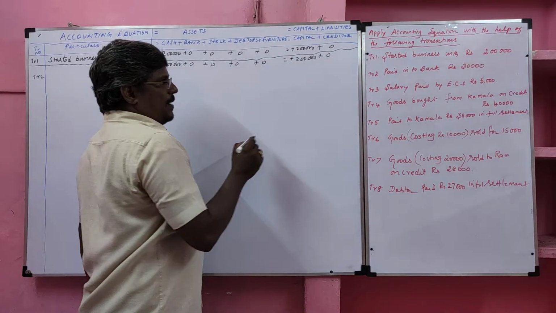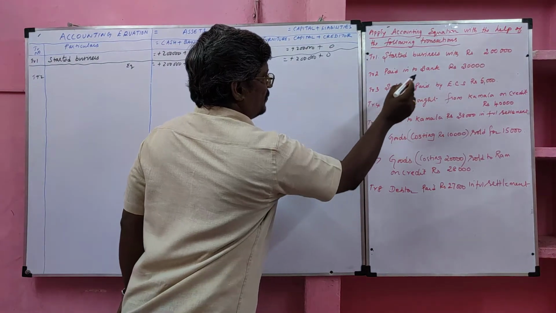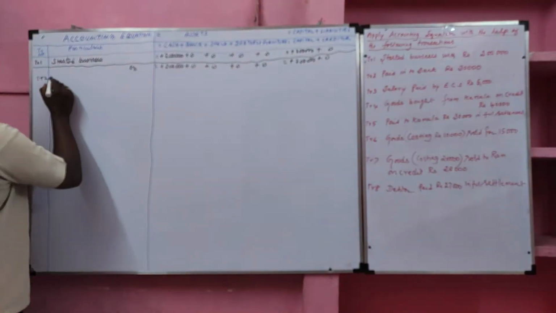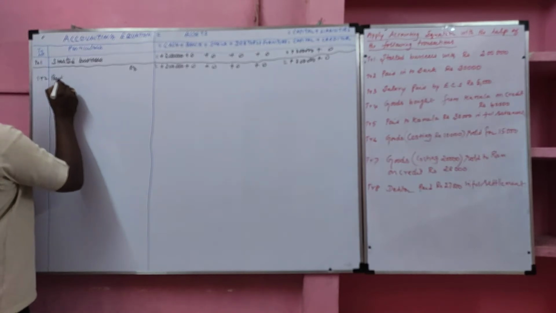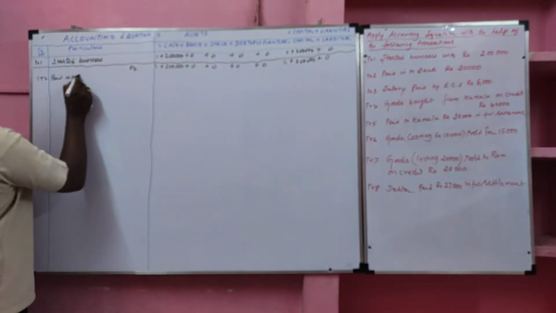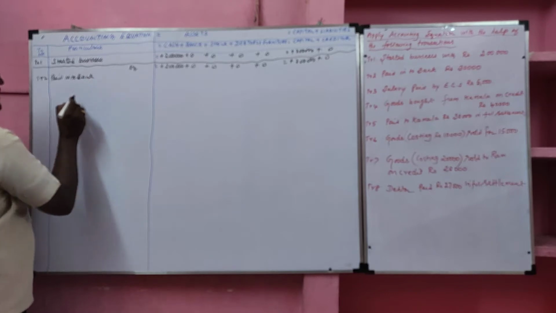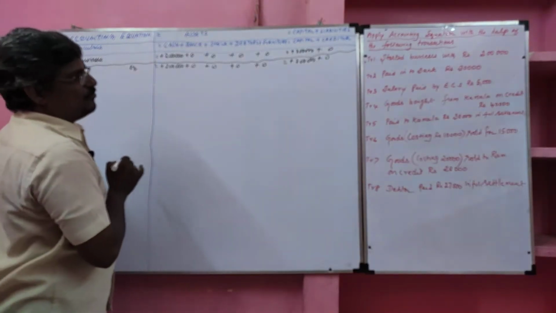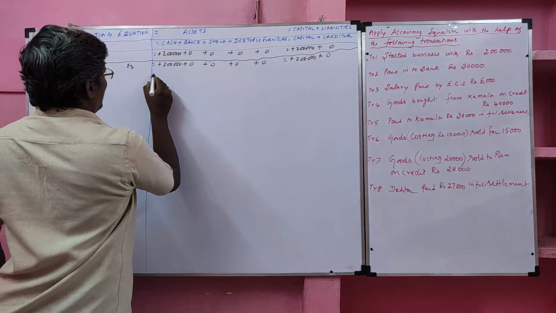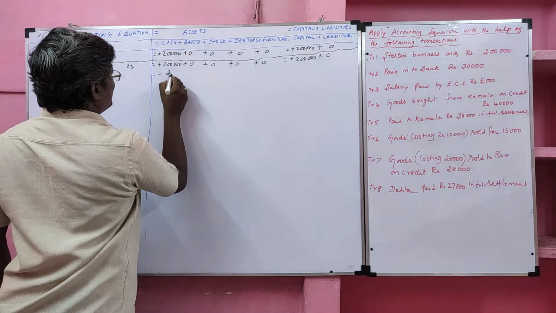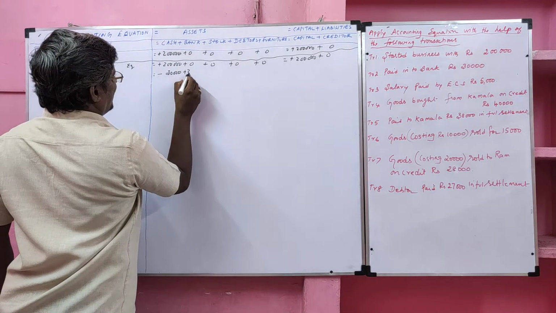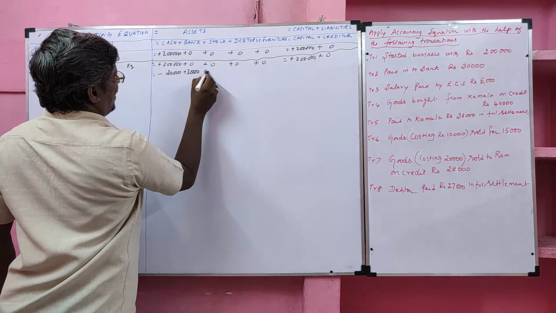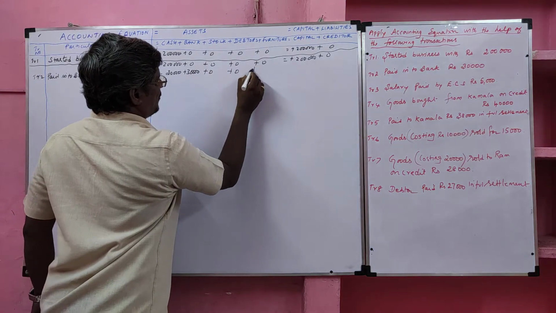Transaction number 2. Paid into bank. How much? 30,000. We paid money into the bank. What happened? Bank balance increases, our cash balance decreases. The value is 30,000. Other items we can record as 0.